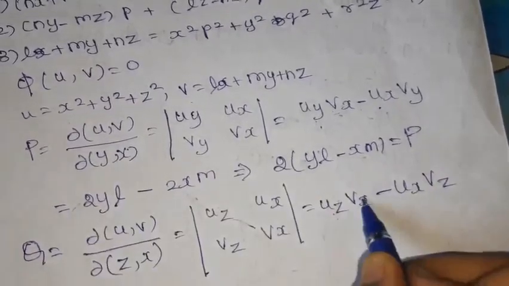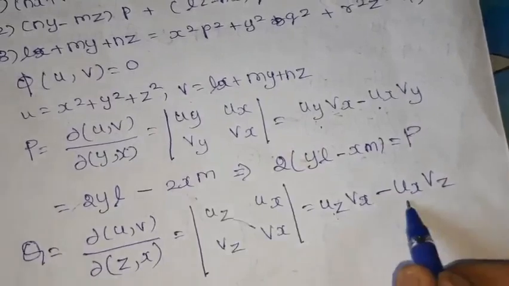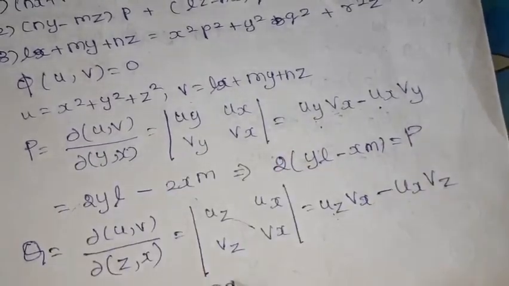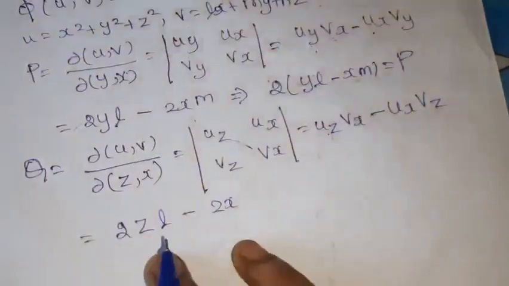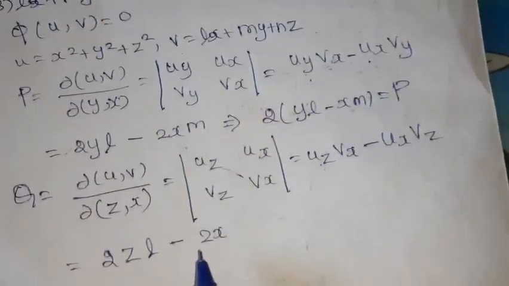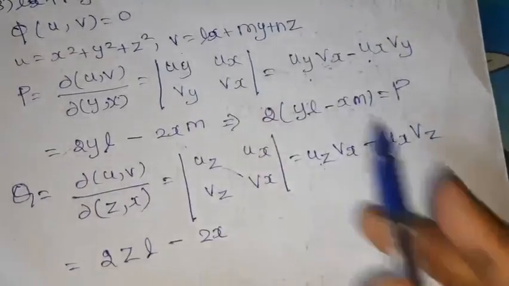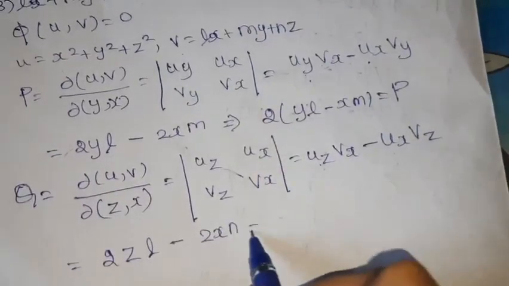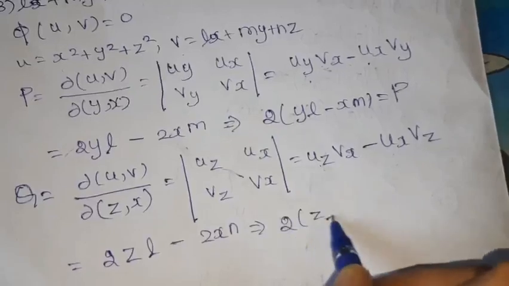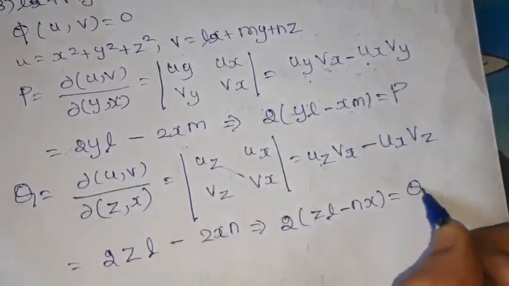What is vx? vx equal to l. Minus what is ux? ux equal to 2x. Then what is vz? vz equal to n. Again 2 is common, zl minus nx equal to q, right?